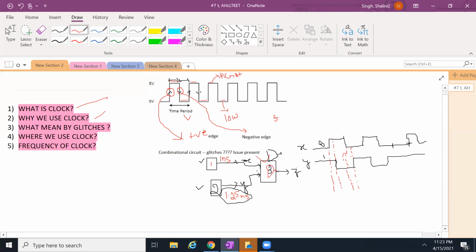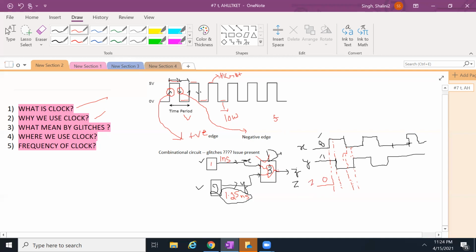Now the Z output: this is AND logic. Initially these two values are 0 and 0, so at this particular time we get 0. If you do the AND operation of X and Y, 0 into 1, what do we get? 0 only, right? So up to this point the Z value will be 0.